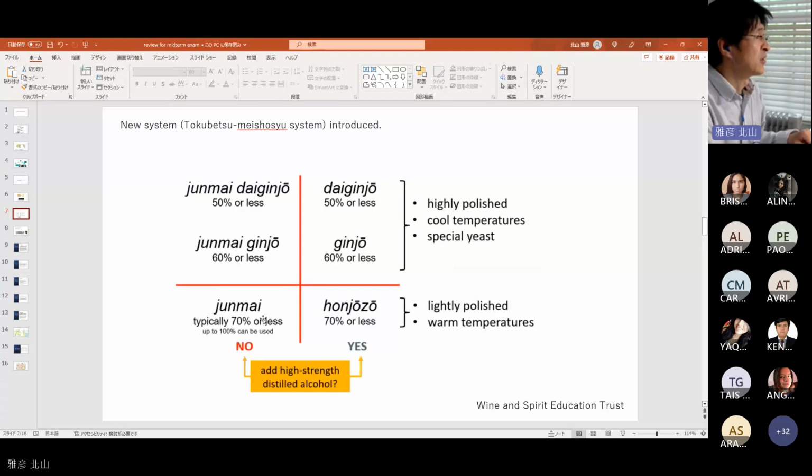But we cannot use ginjo or daiginjo. We cannot use these terms if sake was made using rice at a polishing rate of 70%.